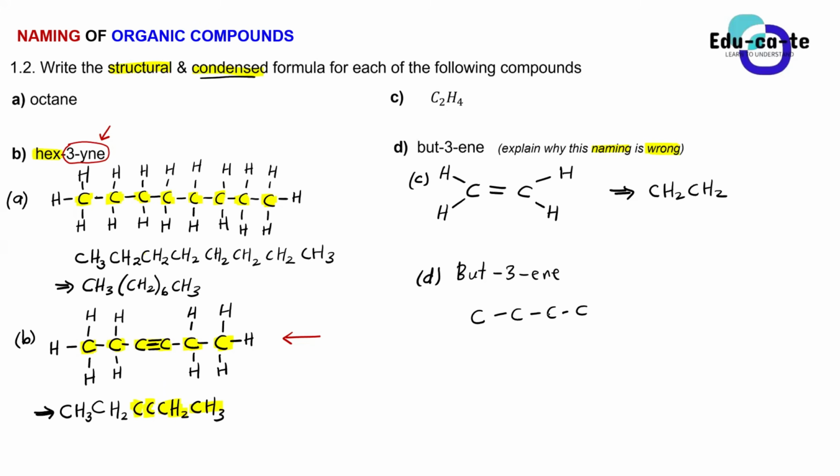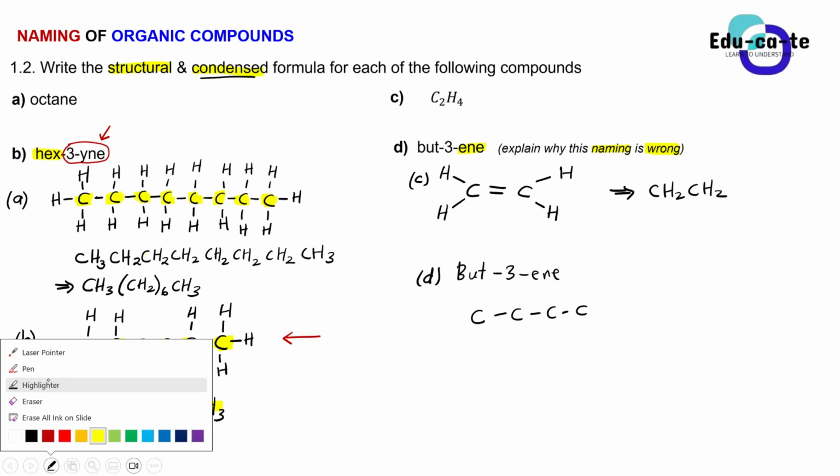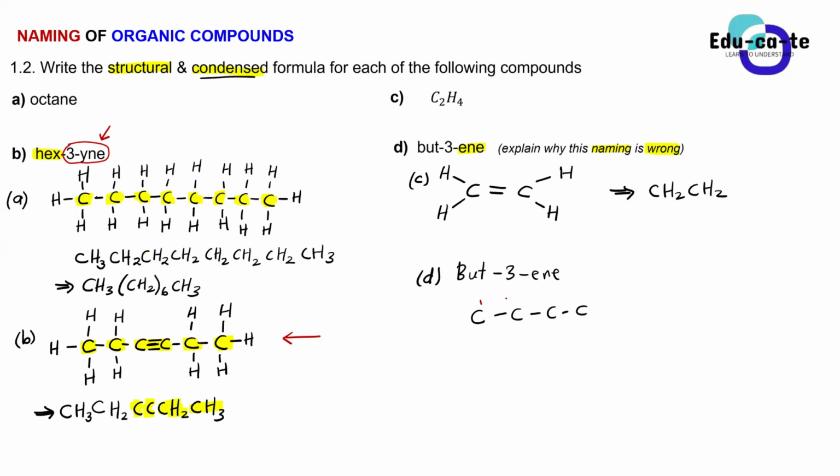Is it a triple bond, guys, for this molecule? It's a double bond. Yes, the name is ending with an ene, so it's an alkene, so it's a double bond. So using our convention, we number this as carbon 1, carbon 2, carbon 3, and this is carbon 4.